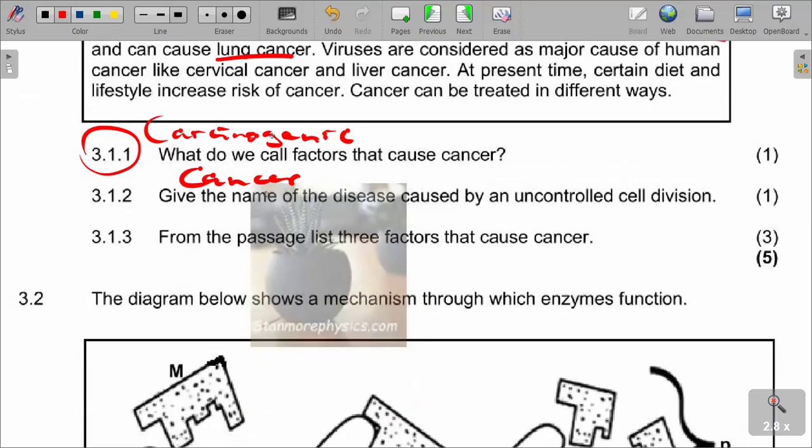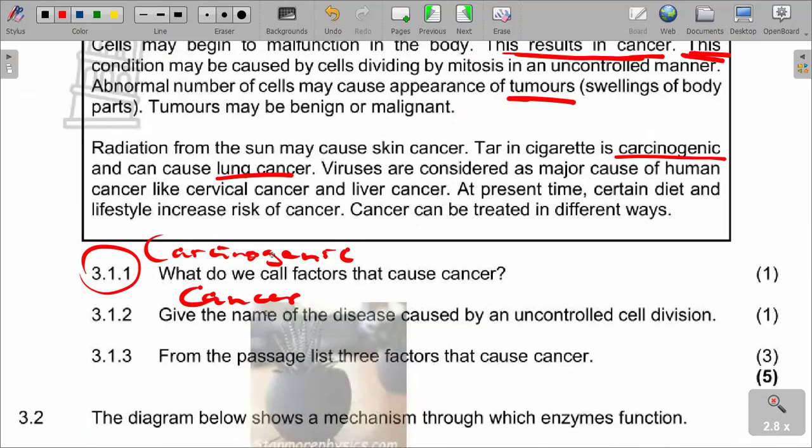And then from the passage, list 3 factors that cause cancer. We are given that it is caused by tar in cigarettes. Tar in cigarettes can cause cancer.